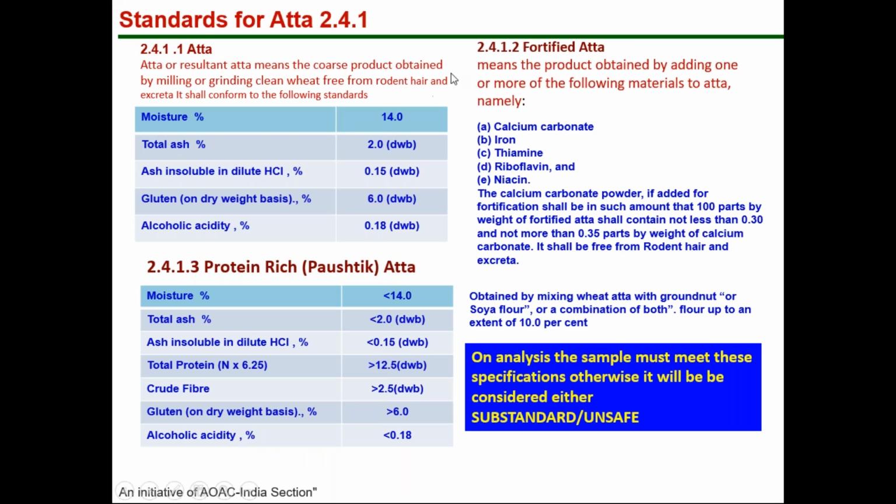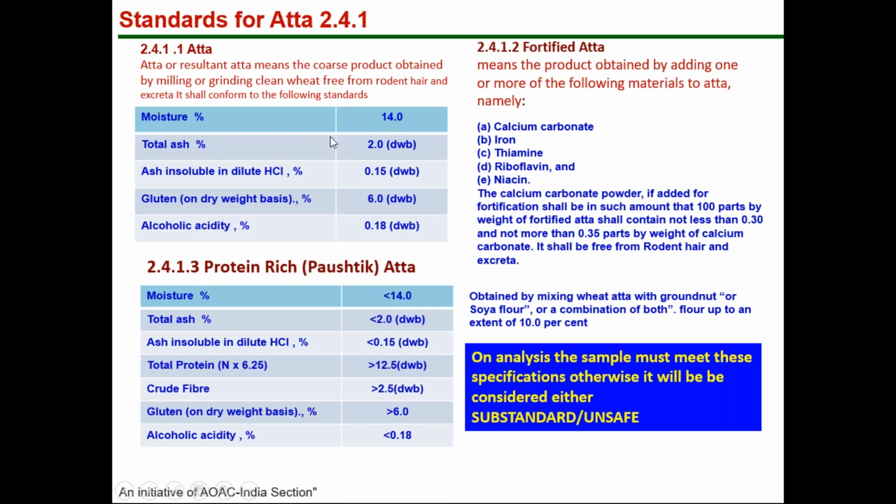The definition for atta is given. Here it says atta or resultant atta means the coarse product obtained by milling and grinding clean wheat free from rodent hair and excreta. It should conform to these limits: the moisture content cannot exceed 14%.